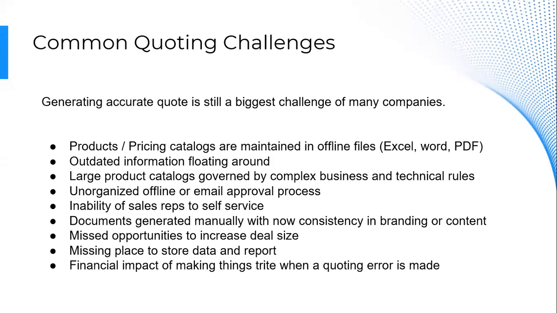There can be a scenario where a certain processor and a certain graphics card are not compatible with each other. It is not necessary that a sales rep is always a technical person who is aware of all these complexities of business or technical rules. While quoting, he can make an error, and then once it goes to the order fulfillment team, the order will not be able to be fulfilled.